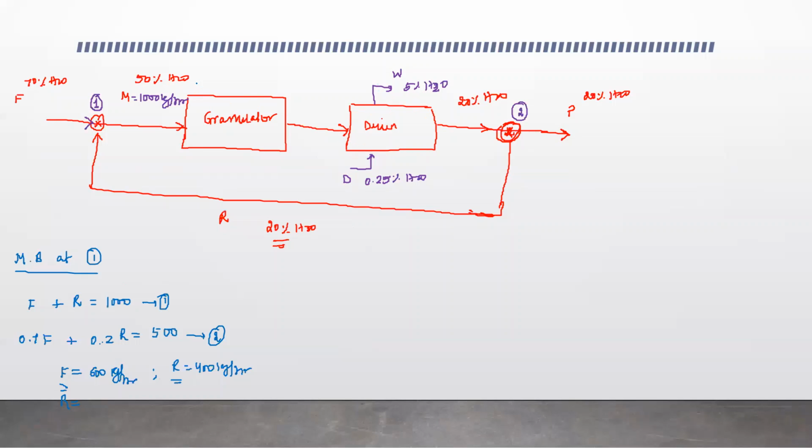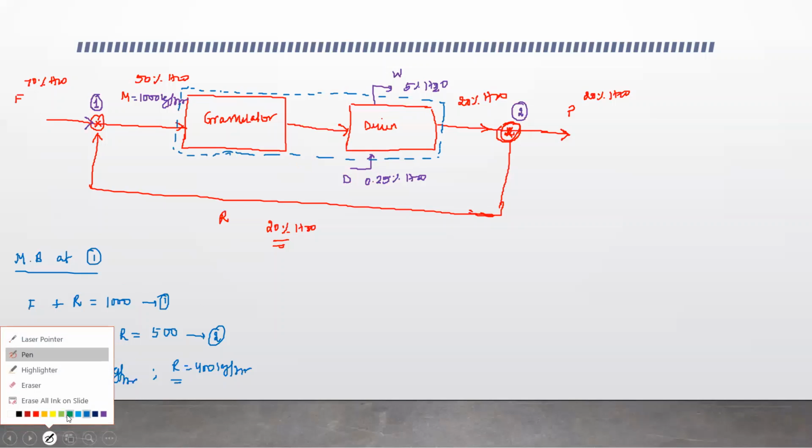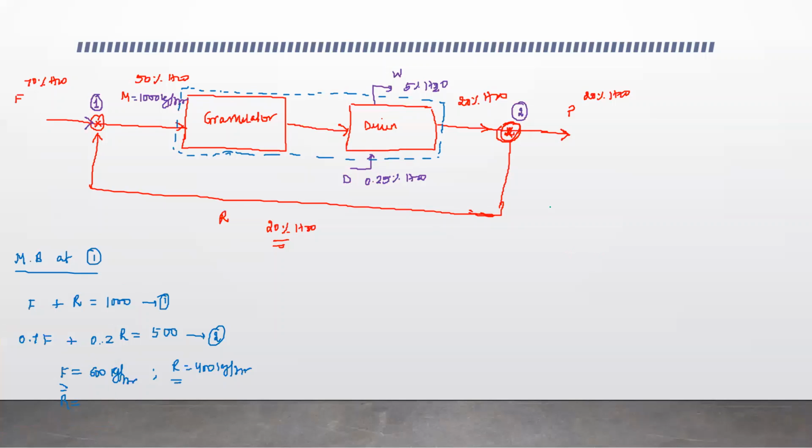So let's take this entire unit, granulator plus dryer. Okay, so when we are going to take this entire unit, we'll have the green block diagram for this particular unit. I'll draw the green. This is going to be with green.